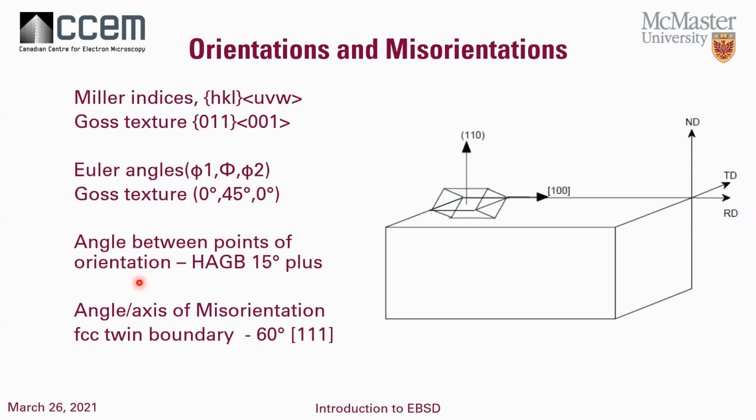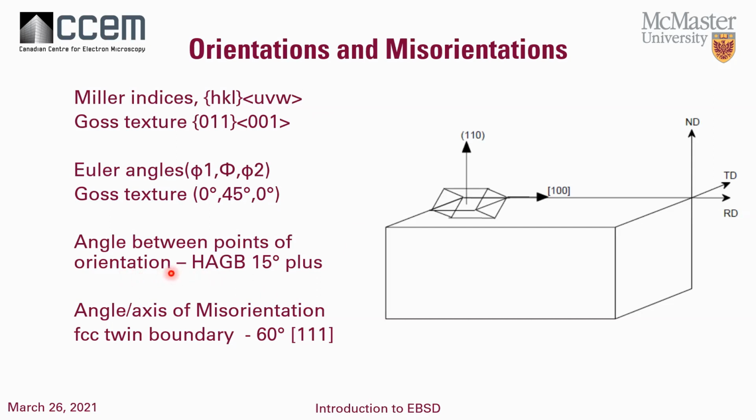Now, when we're talking about orientations and misorientations, the data we're collecting is orientation data, and we're going to be expressing it in Euler angles. But we also make use of things like Miller indices.